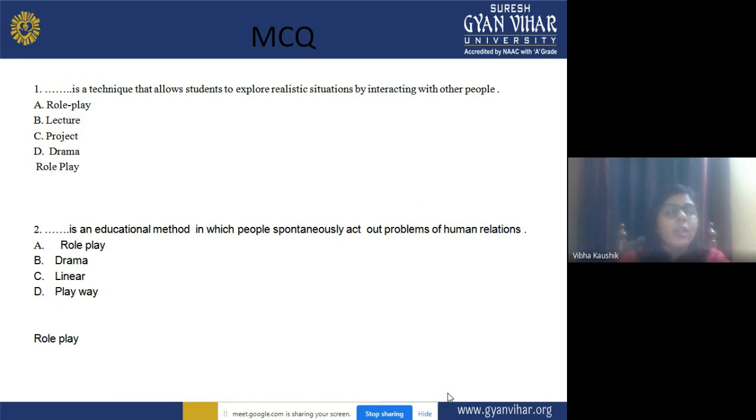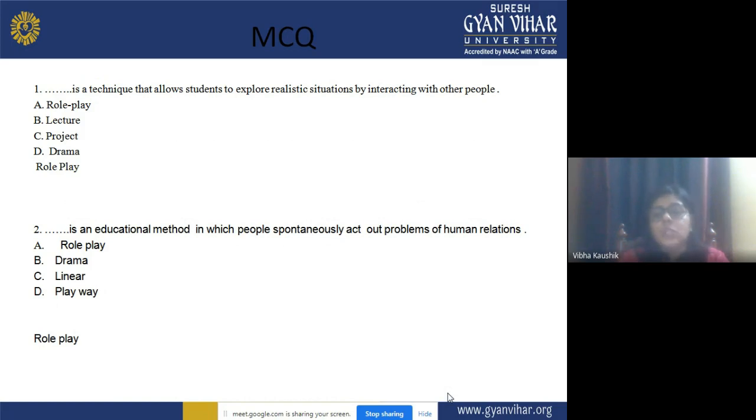Now the first one: dash is a technique that allows students to explore realistic situations by interacting with other people. What is that technique?